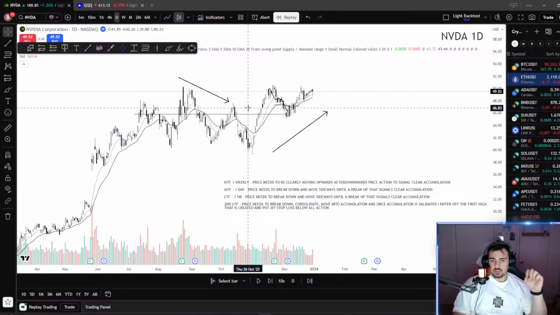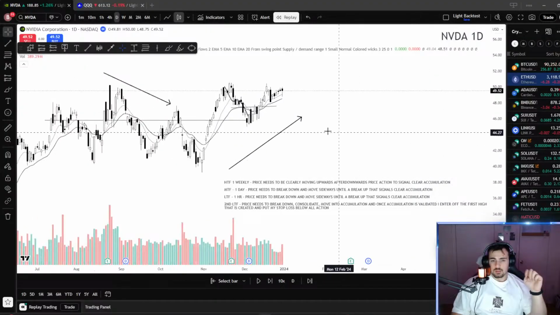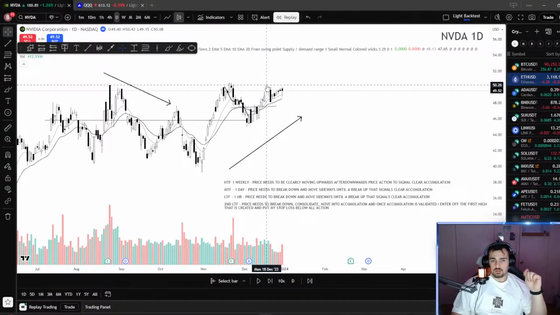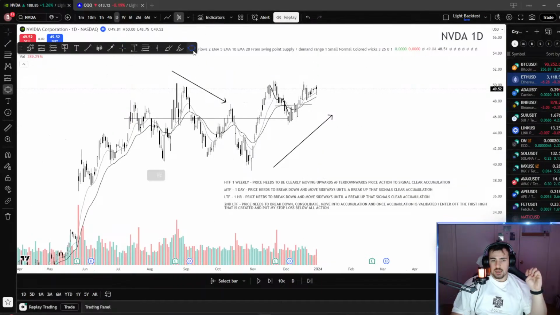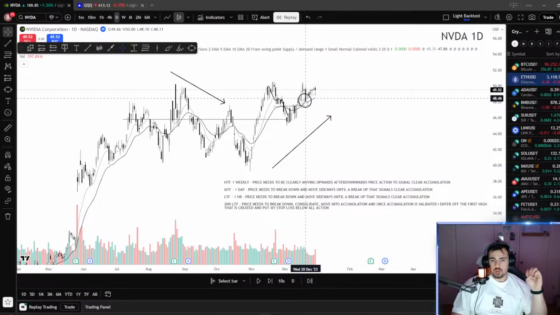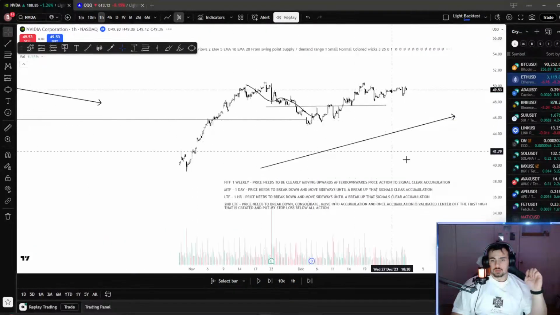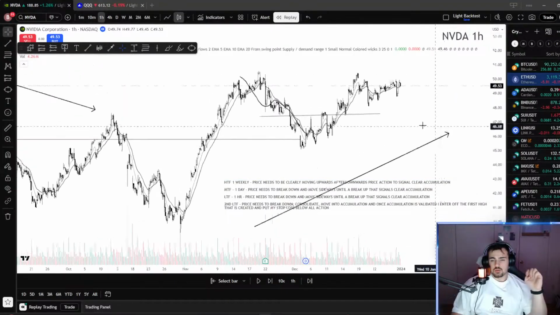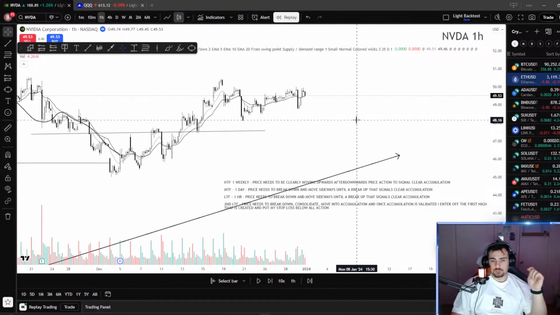I'm going to get rid of this and creates this structure point here, pulls back. And now inside here, if you remember the schematic we drew in the beginning, we're able to look down inside here for the lower time frame, the 1 hour, to start moving with the story of the higher time frame.